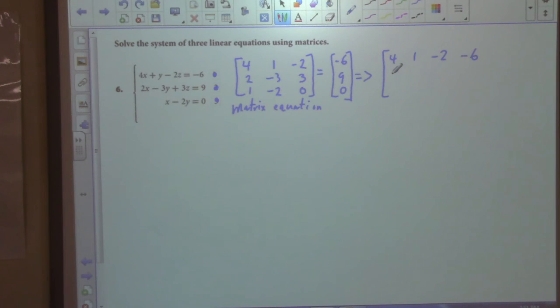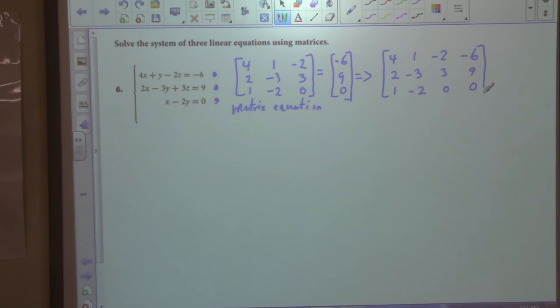And then 2, negative 3, 3, and 9. And the last row is going to be 1, negative 2, 0, 0.